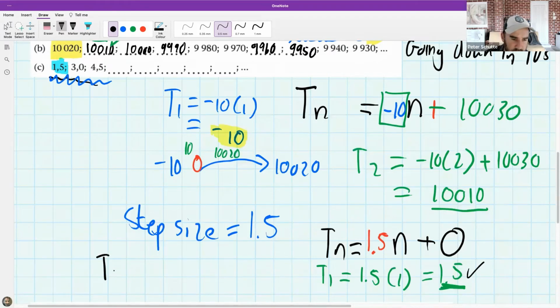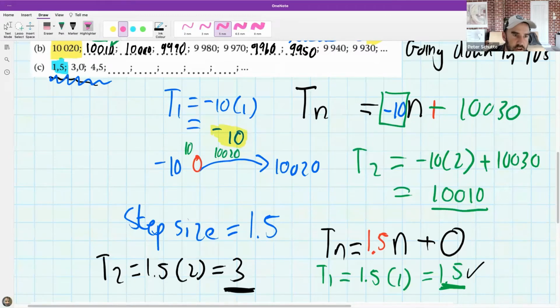Let's just make sure we get T2 in the same way. Is T2 equal to 3 in my question? I think it is. So the good news is sometimes we get lucky and we don't have to add, well, we can add 0 essentially.